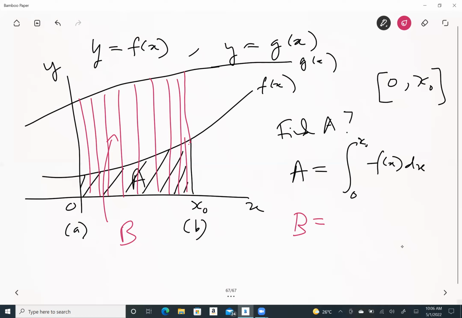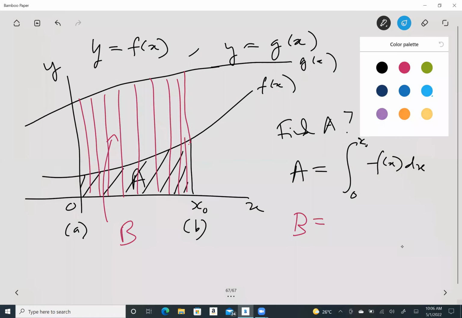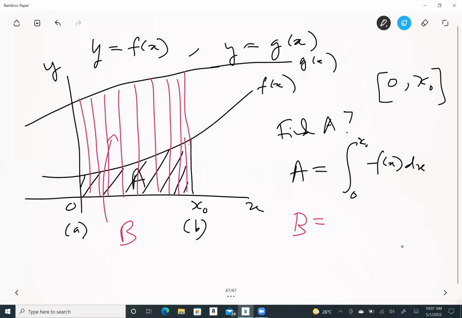So I will extend one more. Now let's say I want to find this area that I label in blue, called area C. Based on what we learned on Monday and what we understand today, how can we find C?